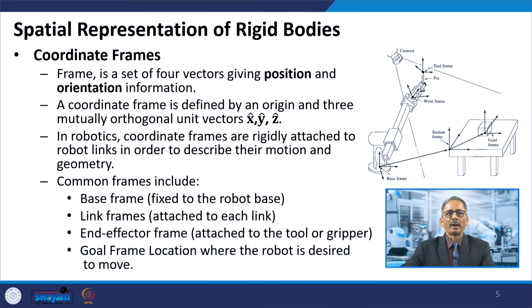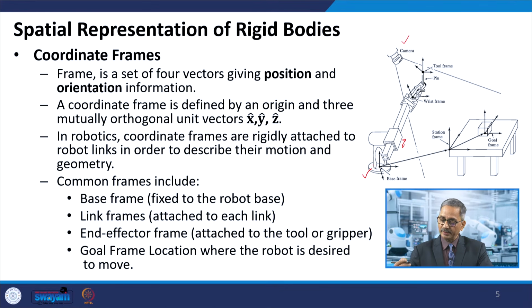Coming to the spatial representation of rigid bodies, as shown in this figure, say we have a robotic manipulator which consists of rigid links connected through various types of joints, say a revolute joint and a prismatic joint here, and say you have a camera which is observing the environment.